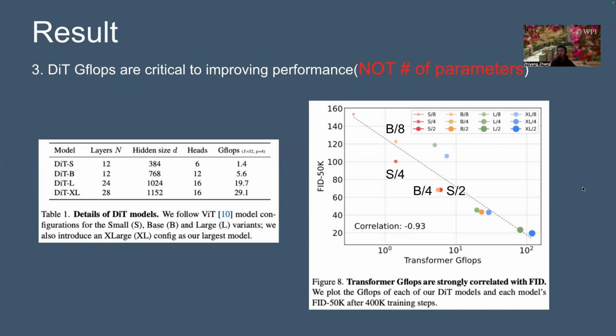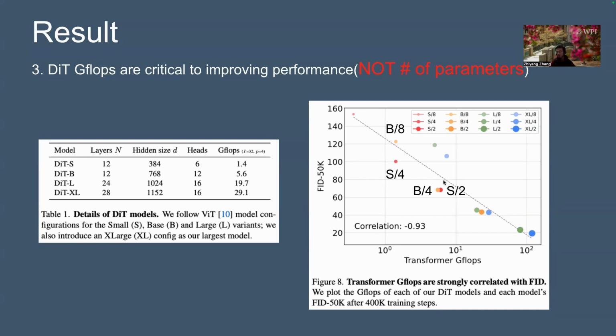For example, here, B8 has more parameters than S4, but B8's performance is worse than S4 since the patch size is larger, meaning that the dataset is smaller than S4.